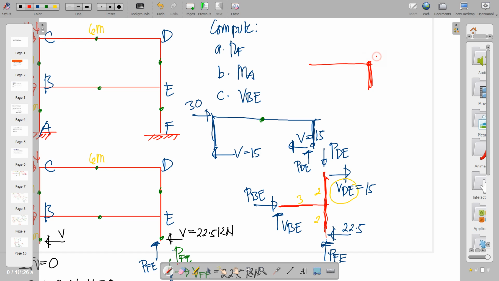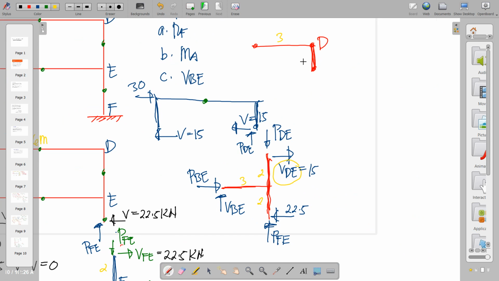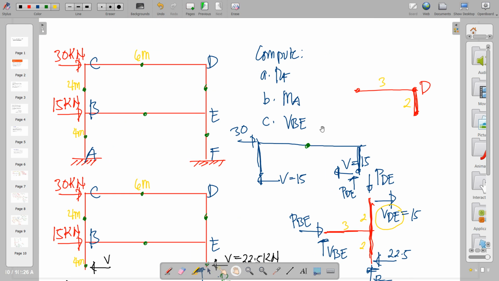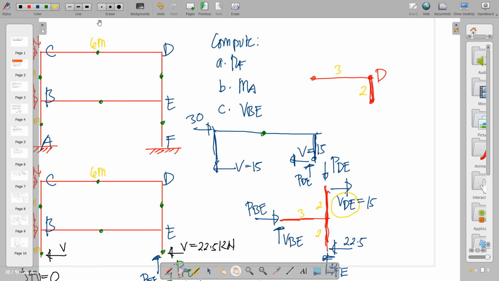It's point D. So the distances is 3. This is half of 4, that is 2. Okay, this one. And then we have already obtained here shall be 15.